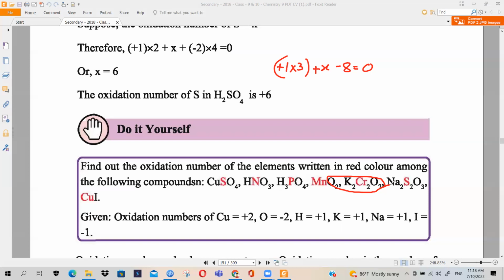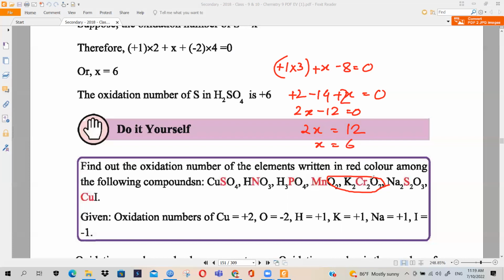So what I tested here was whether you would say +12 or +6. You said it correctly, because potassium will be +2 and oxygen will be -14. To balance it, +2 -14 plus 2x equals 0. So 2x equals 12 and x equals 6.